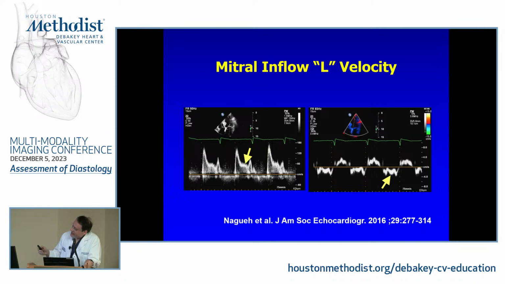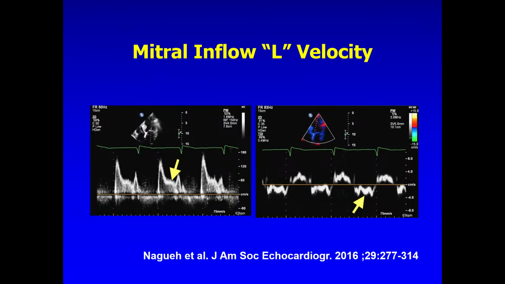L velocity is a velocity that signifies flow from the atrium to the ventricle in mid-diastole, and it is happening because relaxation is still taking place. Normally, relaxation is complete in normal hearts in early diastole, but in diseased hearts, it can even extend into late diastole. And it also happens because the left atrial pressure is exceeding left ventricular pressure with a slow heart rate.